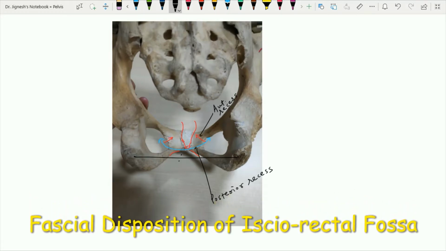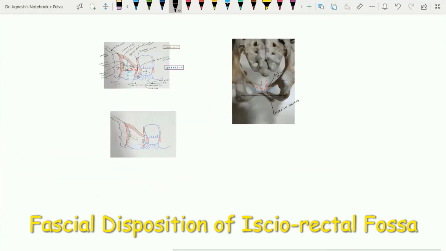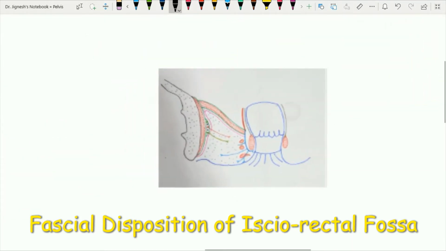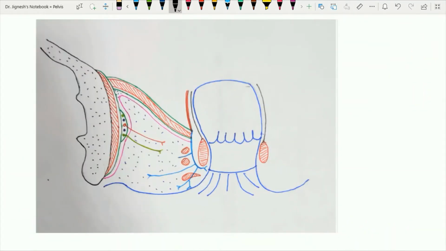Now let's see the fascial disposition of the fossa. When we see this image of the fascial disposition in the coronal section, we can find this important fascia. This is the lunate fascia. This lunate fascia is the deepest fascia within the ischiorectal fossa, and laterally it is attached to the ischial tuberosity, and it covers the obturator fascia and the pudendal canal.